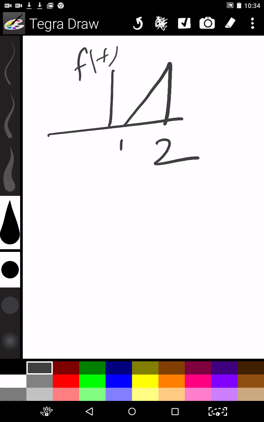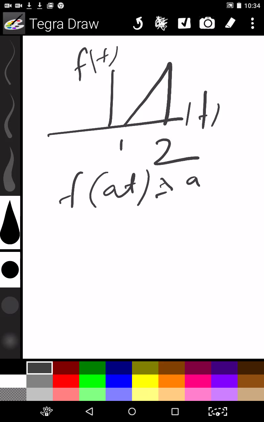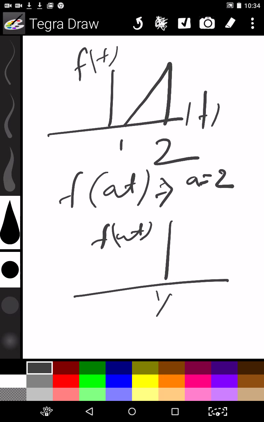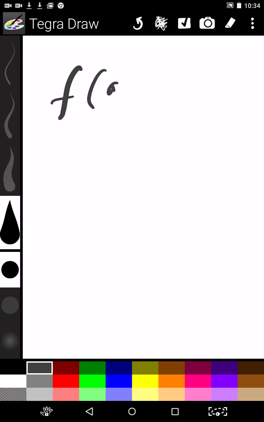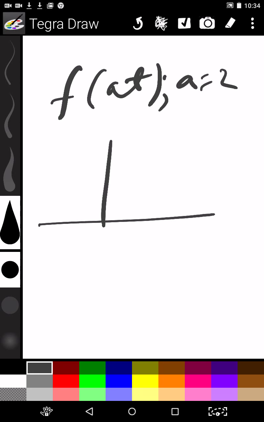We have to plot for a equal to 2, that is 1 by a, 2 by a. Here a value is 2, so f of at will be 1 by 2, that is 0.5, and 2 by 2, that is 1. So here the signal gets compressed.